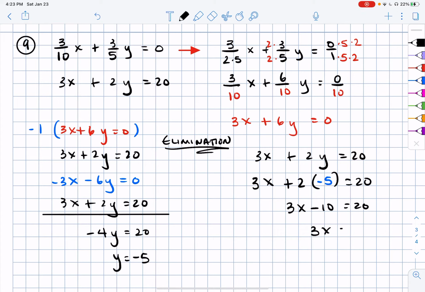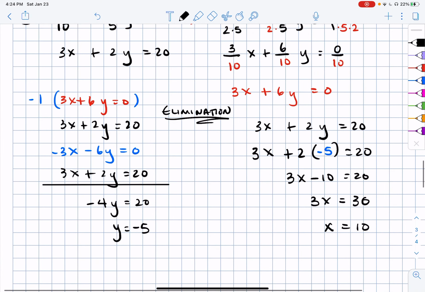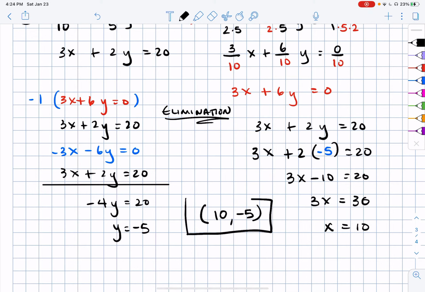So 3x equals 30, right? Because I've got to add 10 to both sides. So x is equal to 10. So my answer would be the point 10 comma negative 5. And there we go.